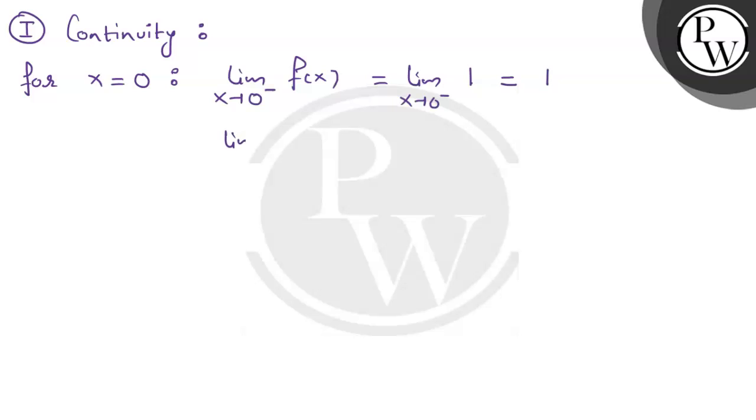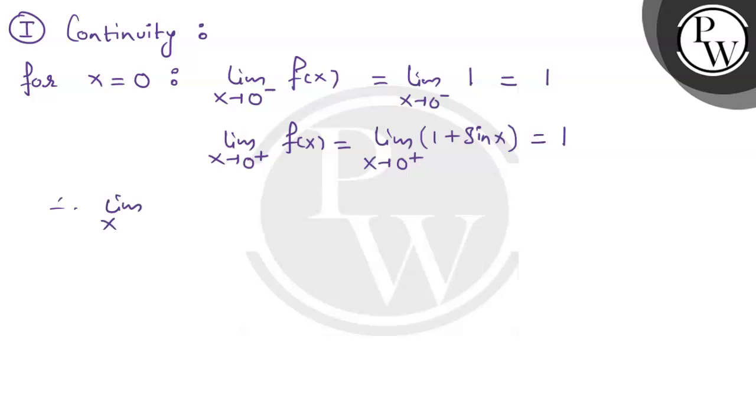अब राइट हैंड लिमिट देख लेंगे एज x गोज टू 0 प्लस ऑफ fx. अब 0 के राइट हैंड साइड में द डेफिनेशन ऑफ फंक्शन इज 1 प्लस साइन x. So limit as x goes to 0 plus of 1 plus sin x, and as x goes to 0, sin x goes to 0, तो लिमिटिंग वैल्यू क्या आ जाएगी 1. So limits are equal, and so therefore limit as x goes to 0 of fx is equal to 1.